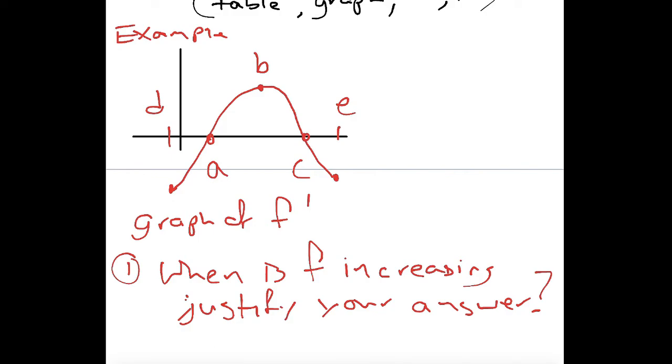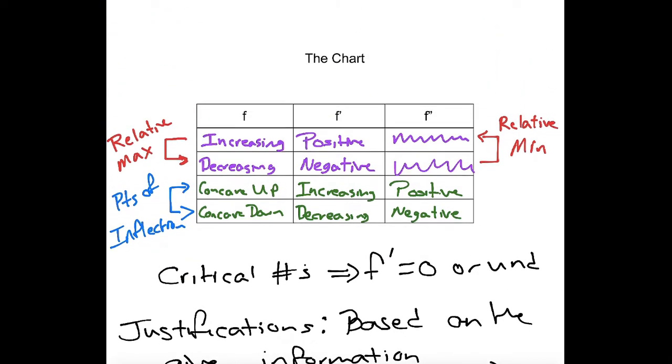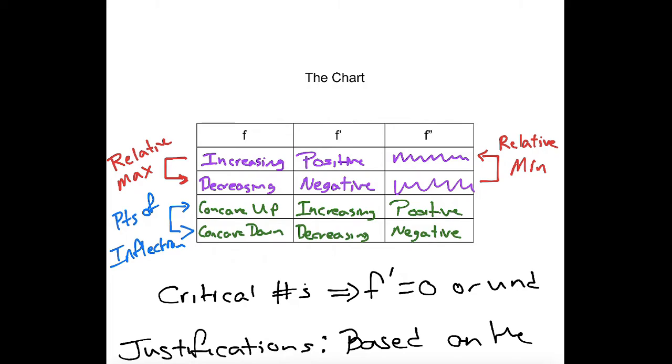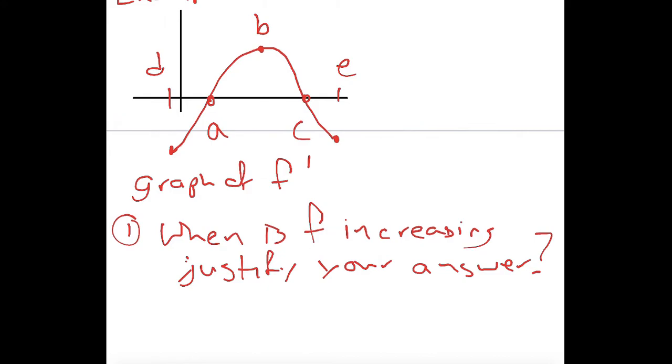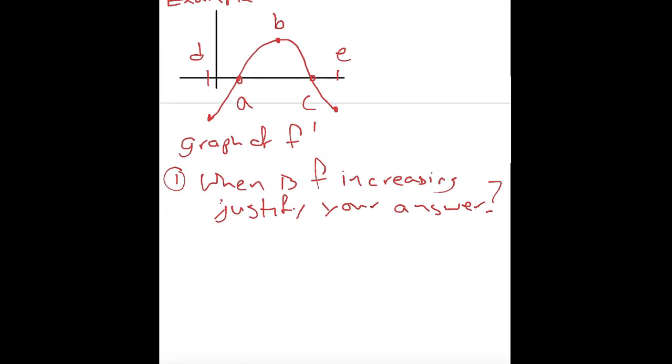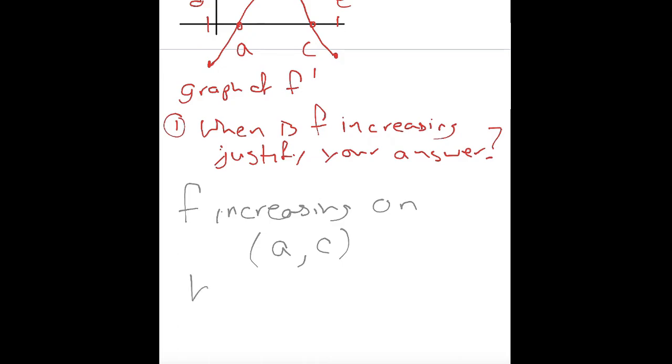So if you think about f increasing, well, look back here. f is increasing when f prime is positive, positive being above the x-axis. So if we look at this, we would say, based on this information, f is increasing on the interval a to c because f prime is positive.